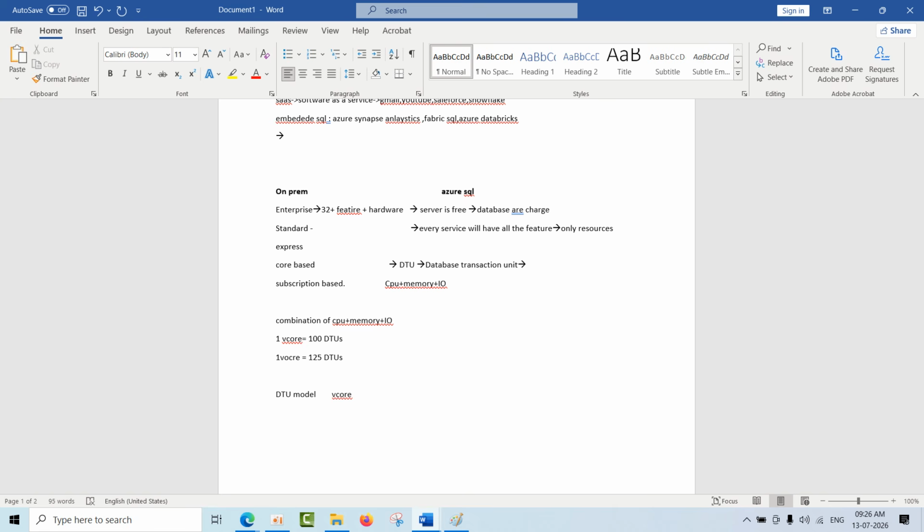Okay, now in the vCore model we have basic, standard, premium.